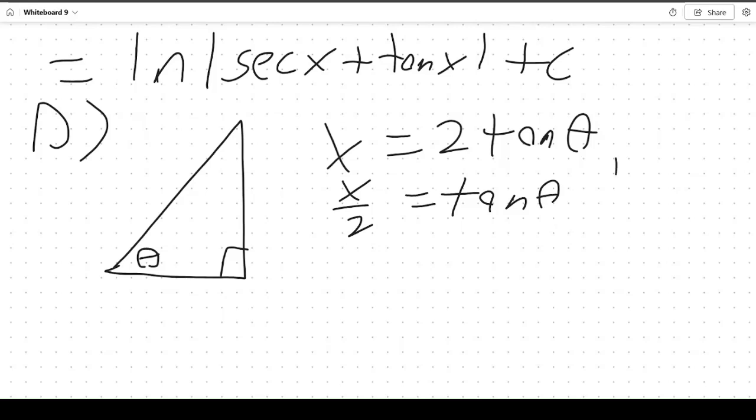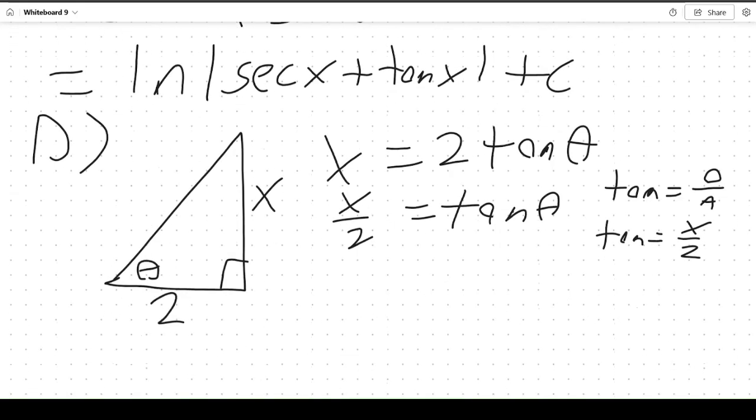And from our right triangle, tangent is equal to opposite over adjacent. And in this case, tangent is equal to x over 2. So the opposite of the theta would be x, and the hypotenuse, or the adjacent, would be 2, as you can see here.